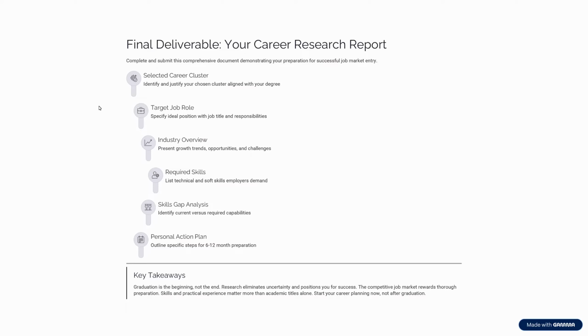You research the job title, the job role, the industry overview, the required skills, the skill gap, and then you have your personal plan.